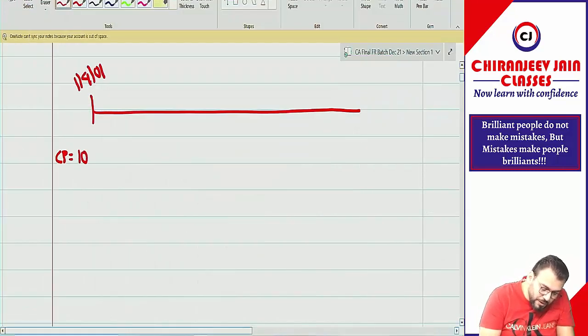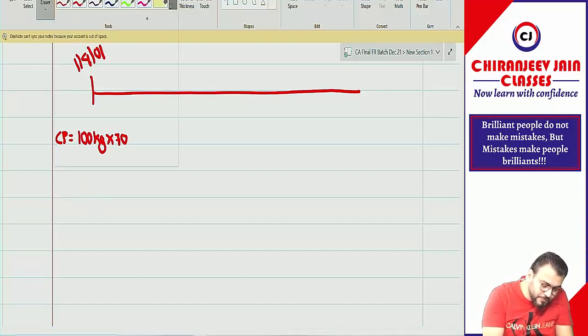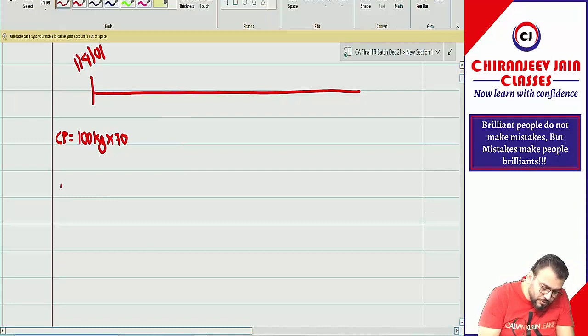So 100 kg multiplied by 70, and they have scheduled delivery, means they have an expected sale. Or I will say scheduled means there is a committed sale. So there is a future sale contract.